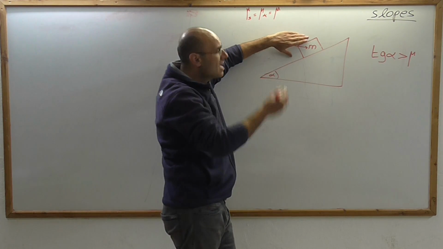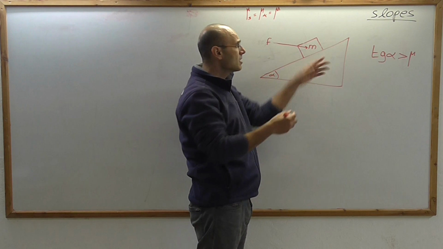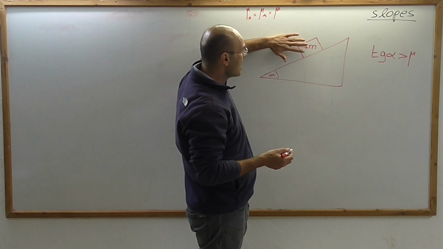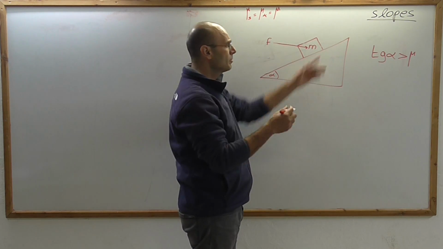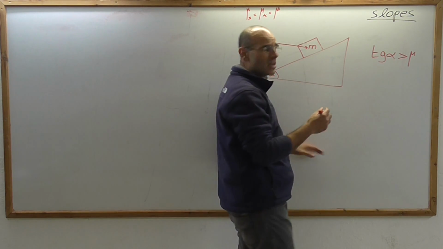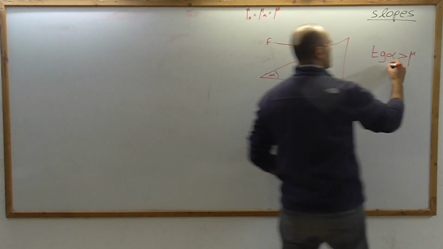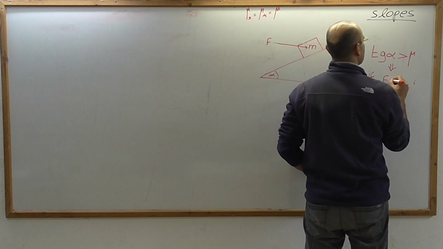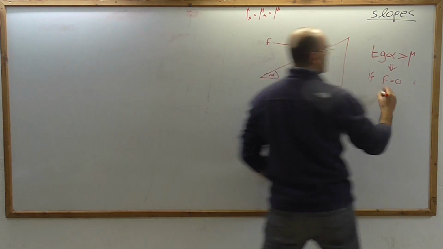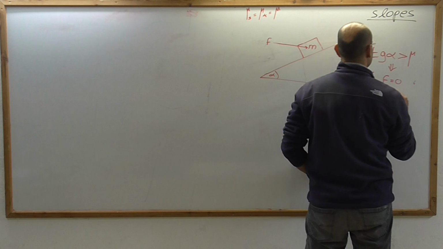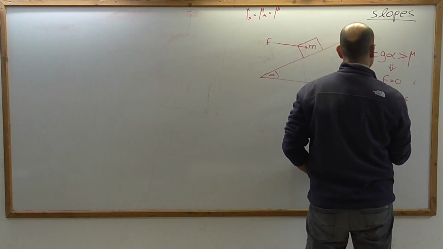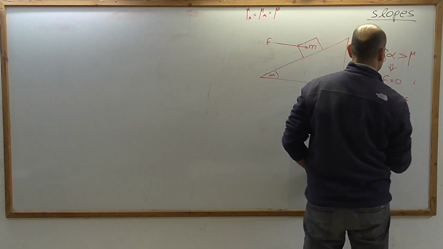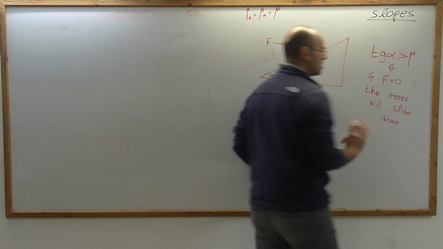It overcomes the biggest friction that can be without the F. With the F it's another question, but without the F it will overcome the biggest friction and it will fall. So it means that if F equals 0, the mass will slide down. This is what it means.